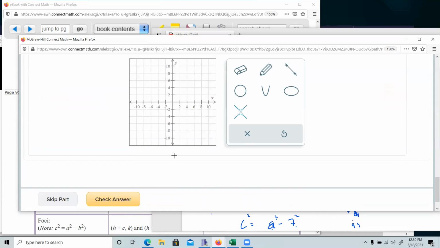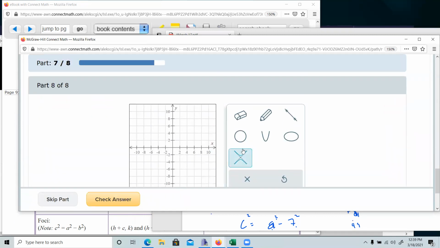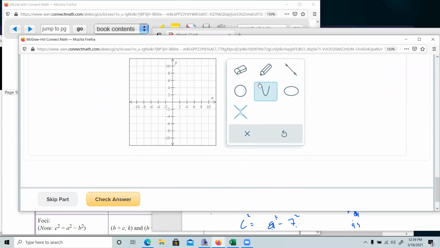All right, and then we have to graph it. I wonder if they'll just let us place the center. Oh yeah, they will. By the way, they didn't give me a little tooltip here to plot a point because this one's pretty easy. But if it's going to be more complicated, they're going to put in the little tooltip to let you plot a point.